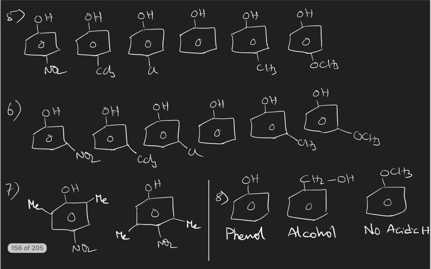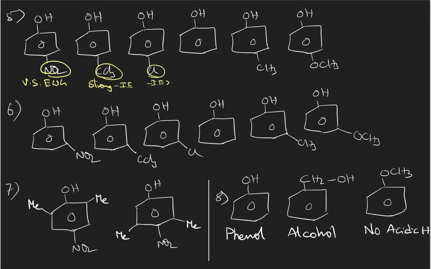Okay. Then going to fifth example, here NO2 very strong electron withdrawing group. Then CCl3 also strong negative inductive effect group. NO2 very strong EWG. CCl3 strong minus IE.